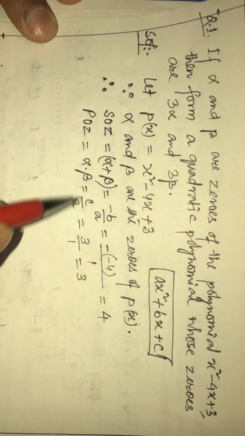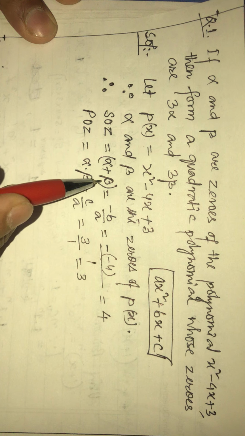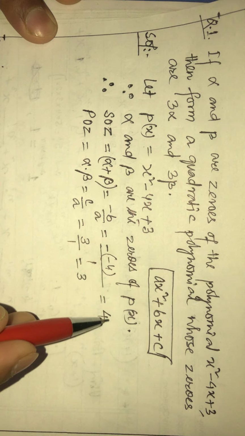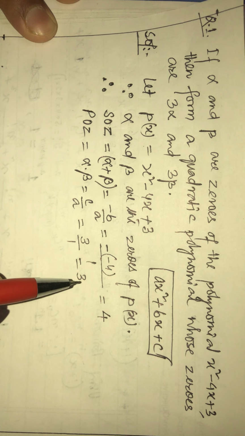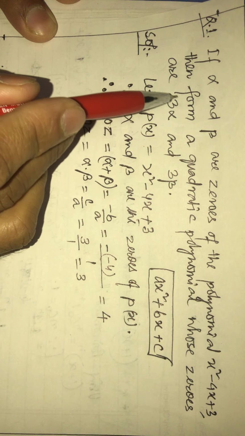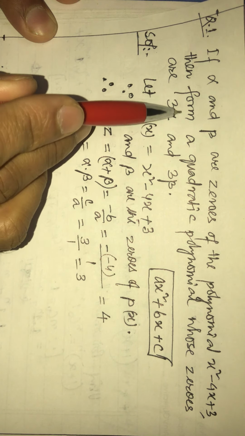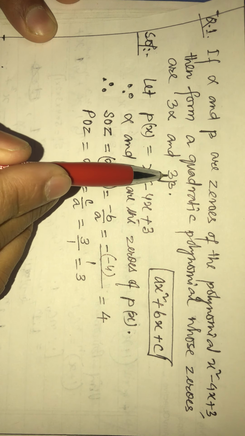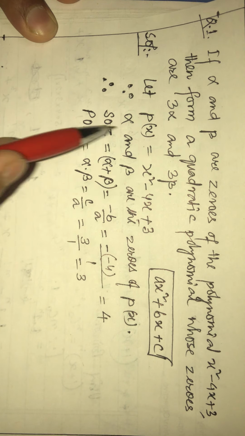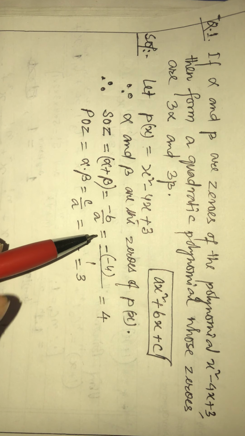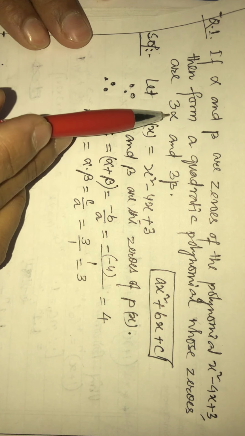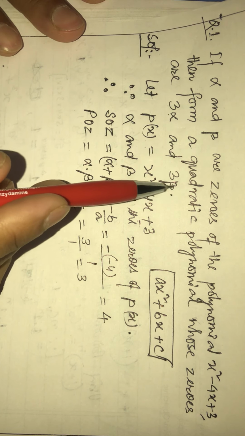Now using these two values, the sum as 4 and the product as 3, we'll go for finding a new quadratic polynomial having zeros 3 alpha and 3 beta. This is one way. There is one more way to find this quadratic polynomial.